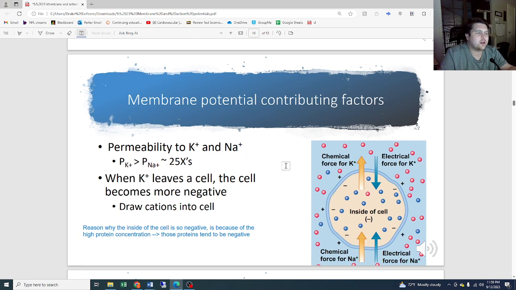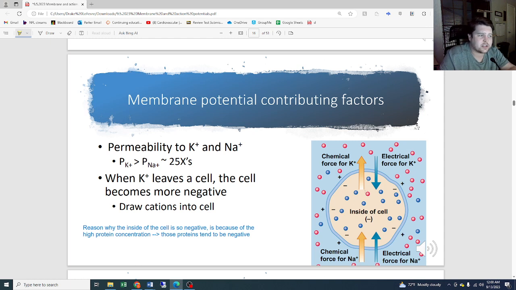And we can look at why that is. When we think about concentrations and diffusion, we want to go from a high concentration to a low concentration naturally. So that's the chemical force for potassium: potassium wants to leave the cell to go from high concentration to low concentration. There's also the electrical force for potassium.